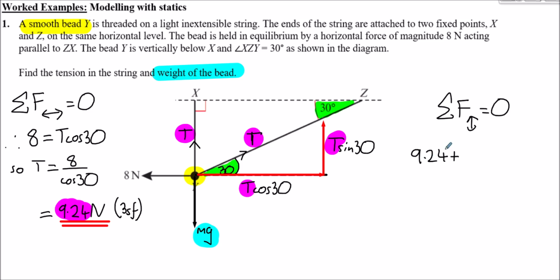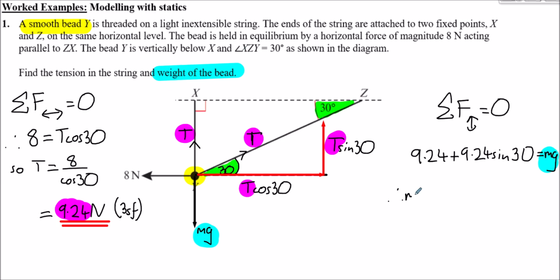Also got T sine 30, which is 9.24 sine 30. And that is going to be equal and opposite to the weight of the bead, which is mg. So actually all we need to do now is just to work out what 9.24 plus 9.24 sine 30 is.